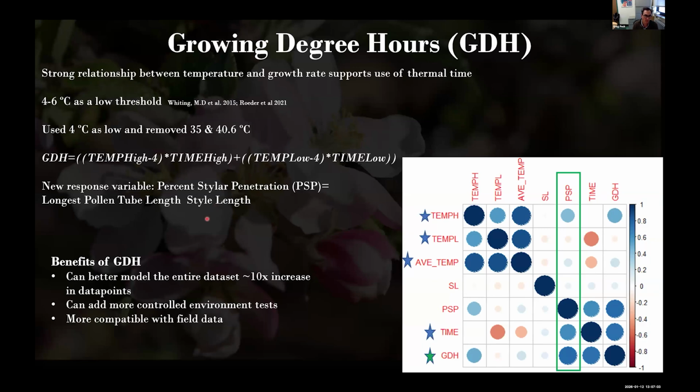In fact, it increased the modeling potential of our data set, and it was more compatible with field data. He also came up with a new variable, percent styler penetration, as opposed to how fast the pollen tubes are growing, which is what we were trying to do before, looking at when the actual fertilization event happens.